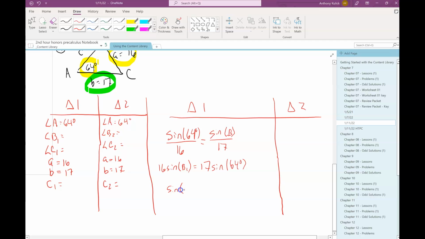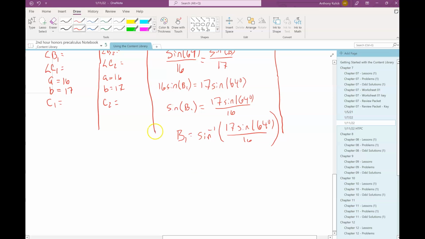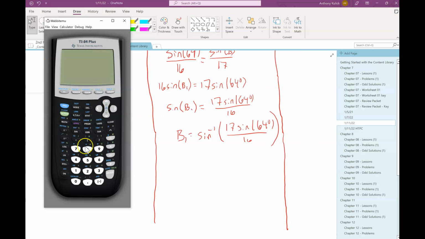I'll divide both sides by 16. And then to get rid of the sine in front of the b1, we use sine inverse. So I'll go to my calculator here.